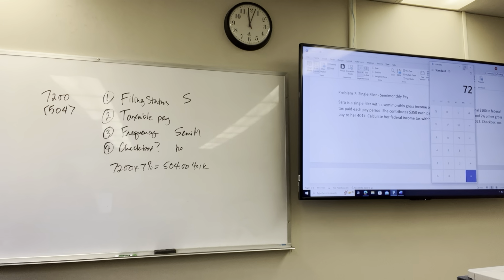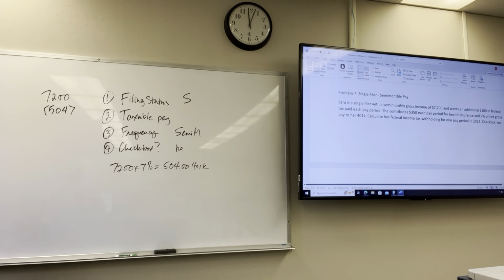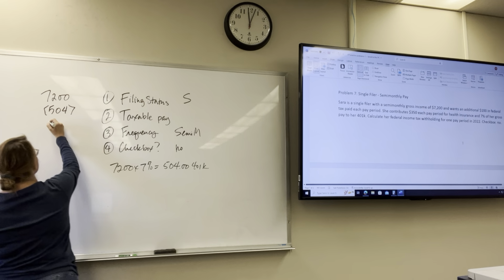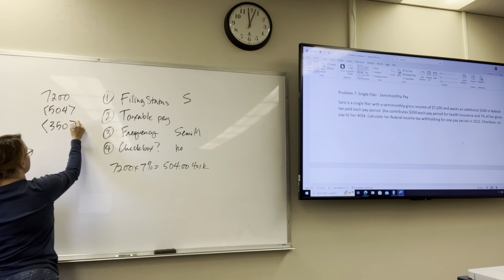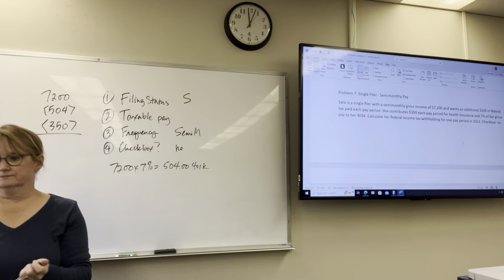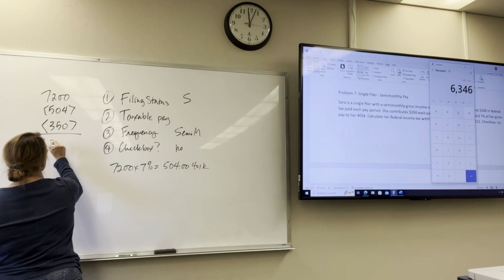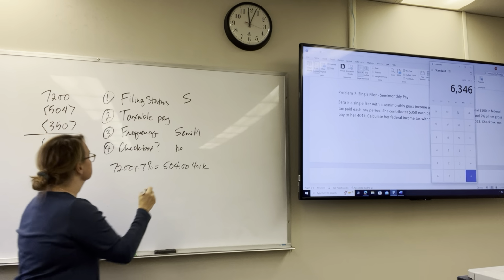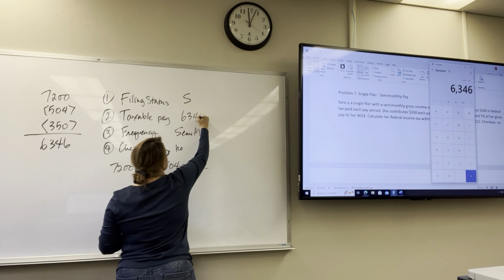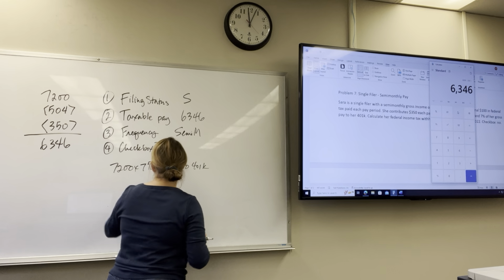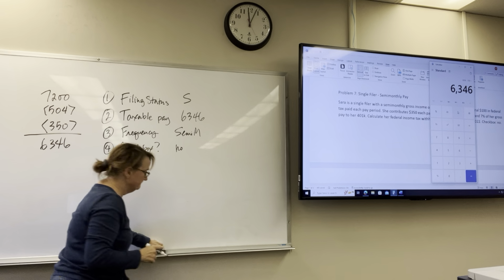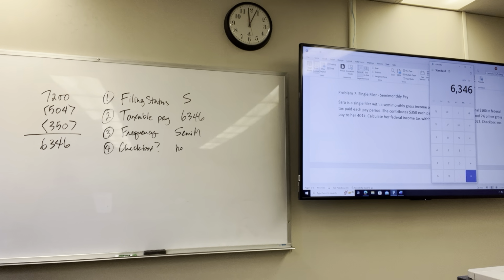And $350 per pay for health insurance. $63.46. All right. So $63.46 on a semi-monthly basis.